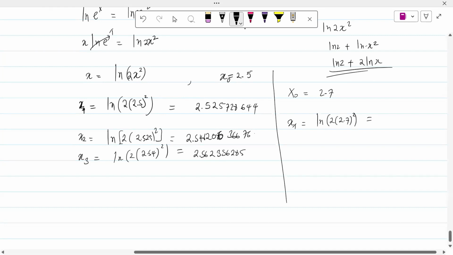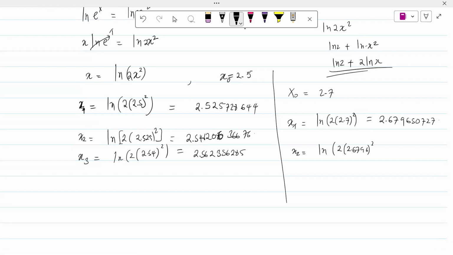So how much is that? 2.679650727. Then x2 is natural log of 2 times 2.6796 whatever squared.